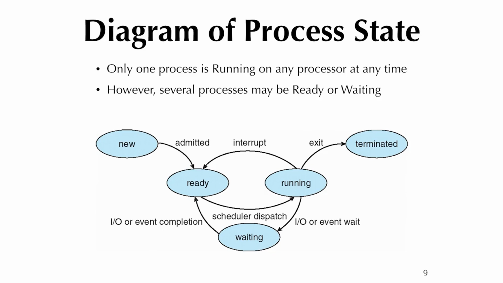And running could go into the terminated state. That's with a normal exit. There's actually another possible transition, from ready to terminated, if it gets killed, but it's not shown on this diagram. Or while it's waiting, it could also get terminated. That's not a voluntary exit. It's just that somebody gets killed.